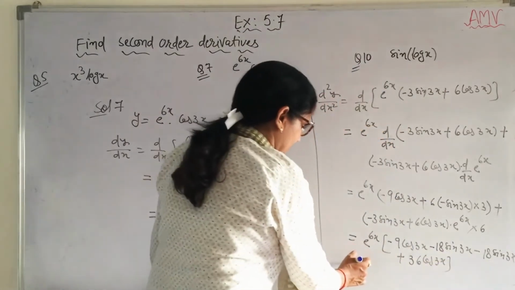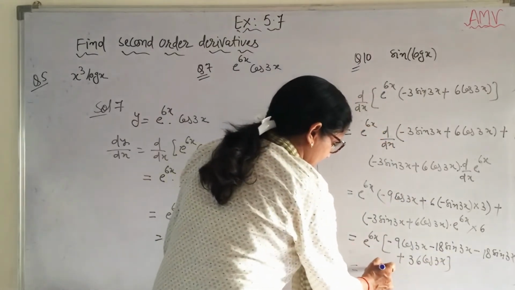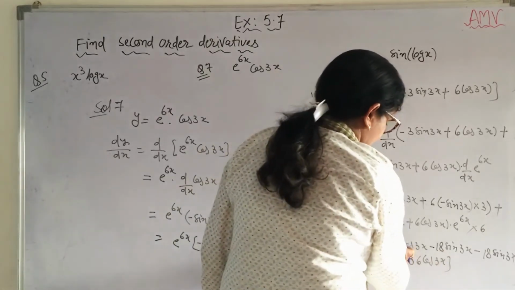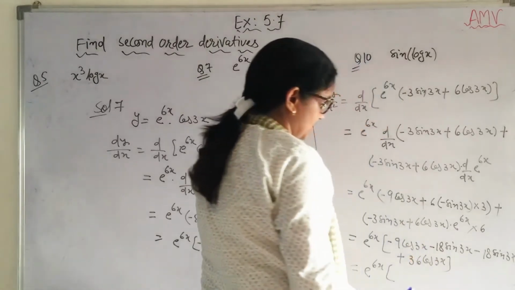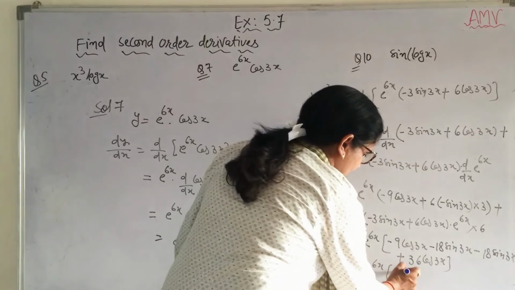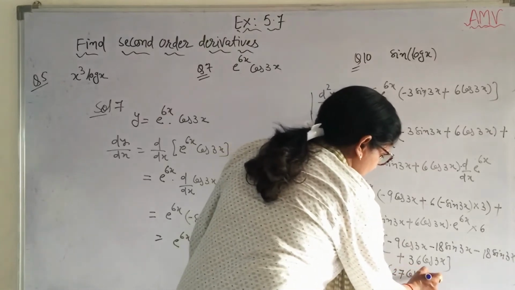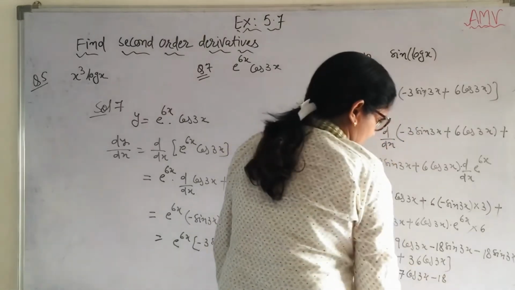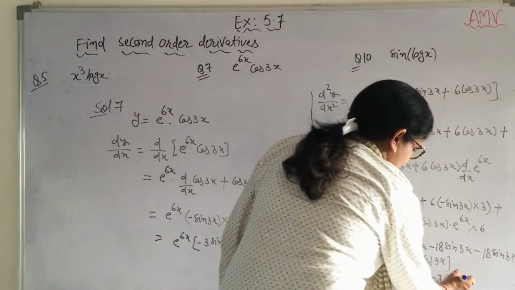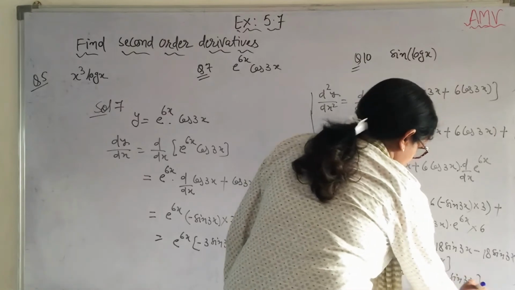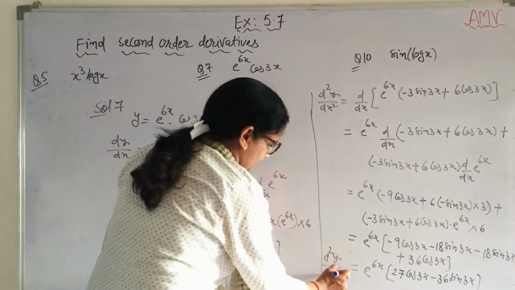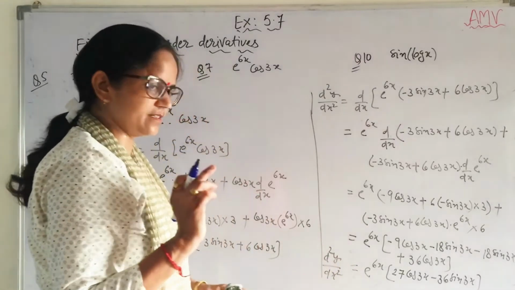Okay, so finally you will get e raised 6x, and here minus 9 cos 3x and 36 cos 3x. You will get 27 cos 3x minus 18 and minus 18. Okay, so it is 36 sin 3x. Okay, it is the second order derivative, d square y by dx square.